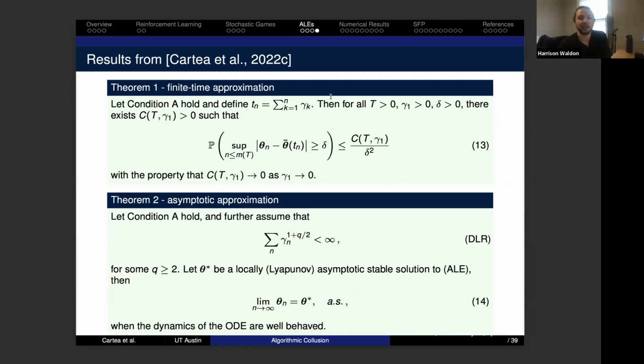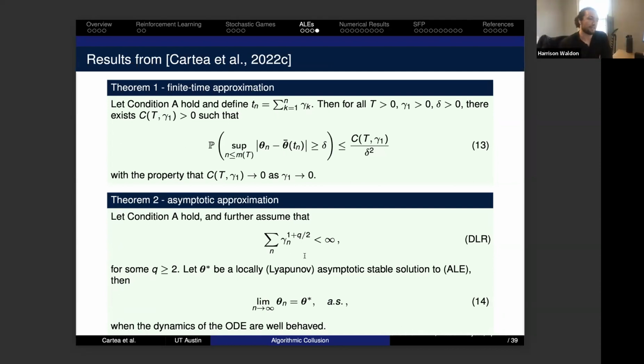So we assume that the learning rate was non-increasing, so all values of the learning rate are bounded by its first value. So the probability that the algorithm will be close to the solution can be made arbitrarily high if we take the learning rate small enough.